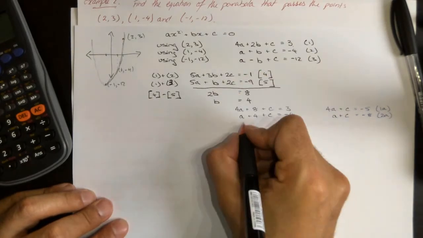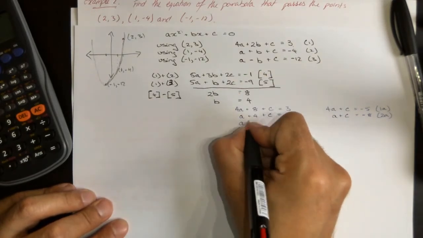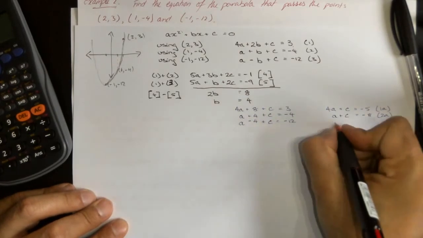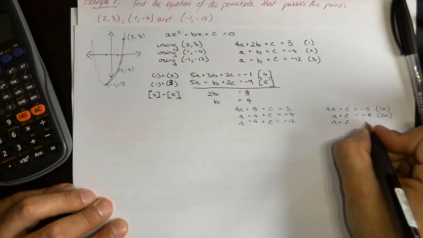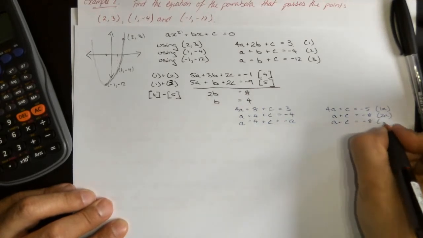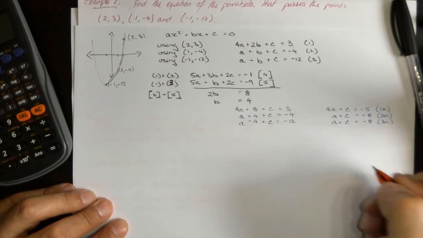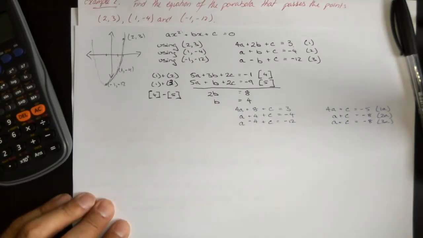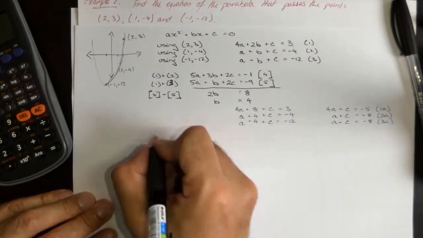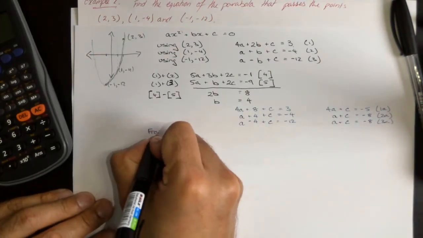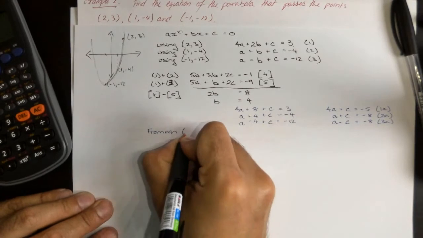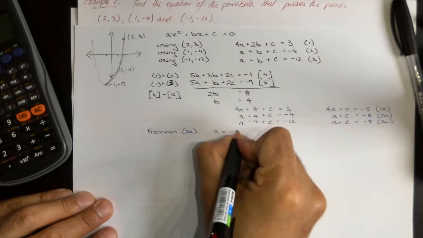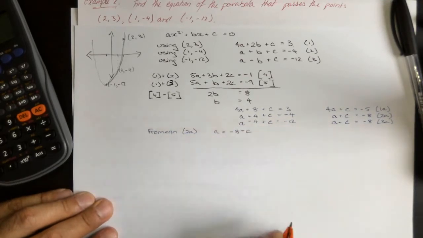Try it again. So we've got a minus 4 plus c equals negative 12. Move that to the side, and it becomes negative 8. So as you can see, that's 3a. 2a and 3a are exactly the same. Okay. So what I want to do now is from equation 2a or 3a, we can get a equals negative 8 minus c.